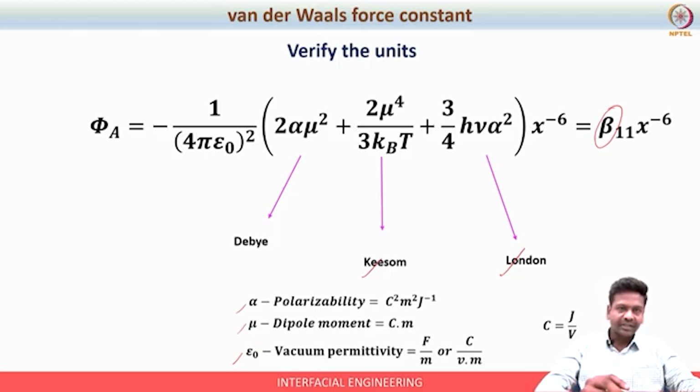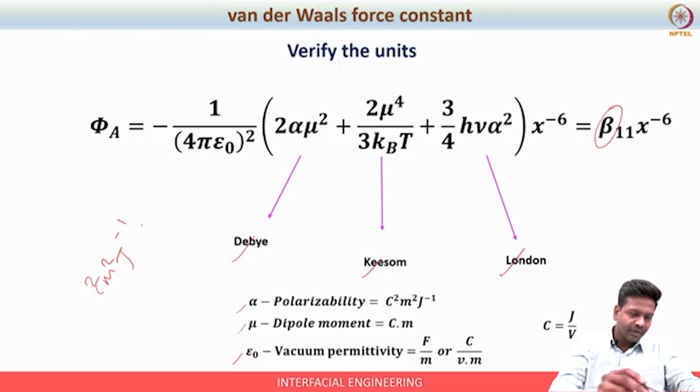Now let's first take the Debye interaction. The unit of this Debye term must be joule meter power 6. Let's first analyze that. The rest of the terms can be done by yourself as an exercise. In this case we have alpha, which is nothing but coulomb square meter square joule power minus 1.